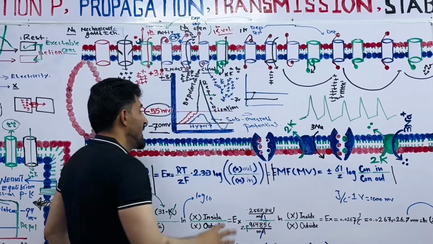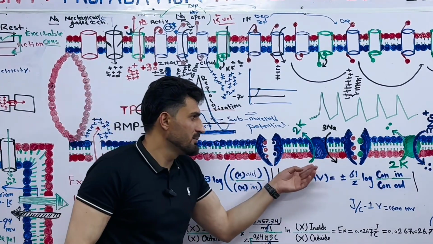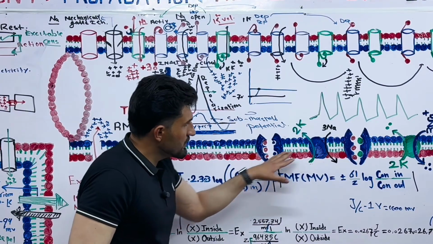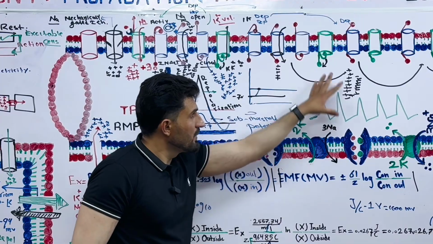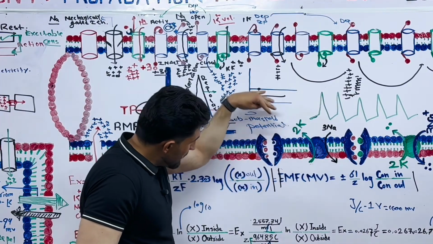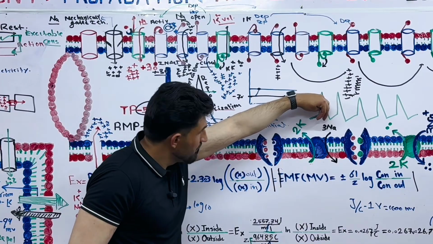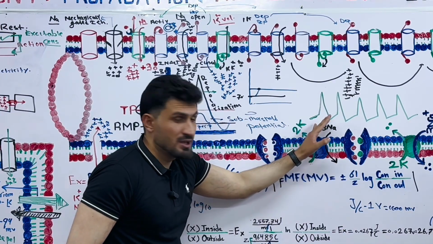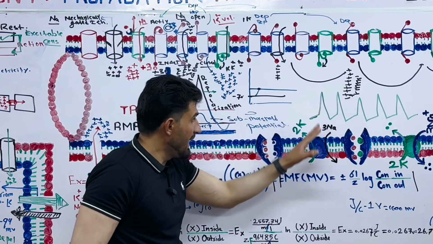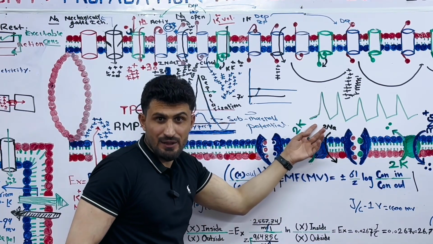So now we have pumps called sodium potassium pumps, and these re-establish all this. They pump all the sodium that we gained during the action potential from the inside of the cell to the outside, and they pump all the potassium from the outside of the cell to the inside.